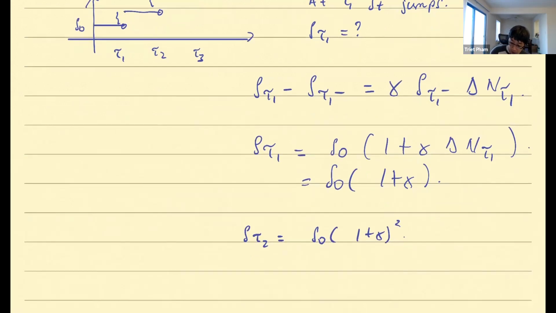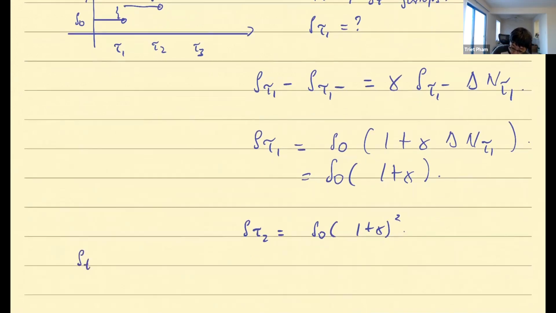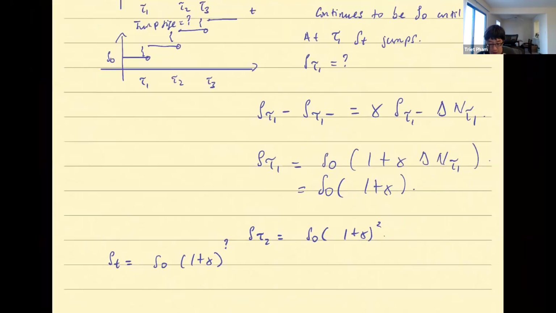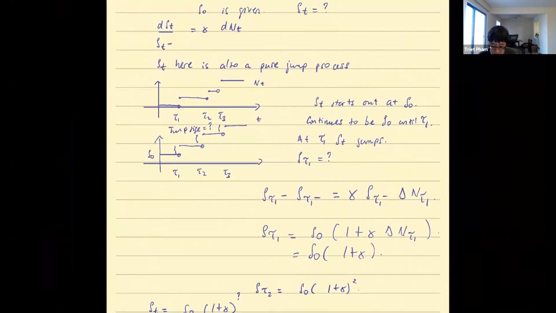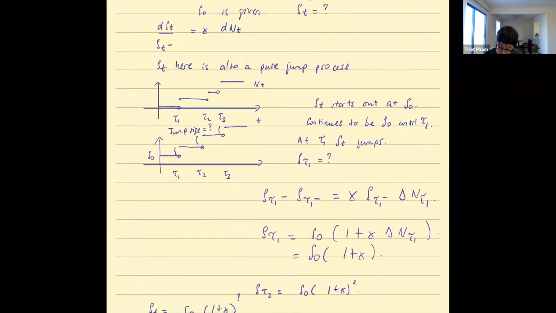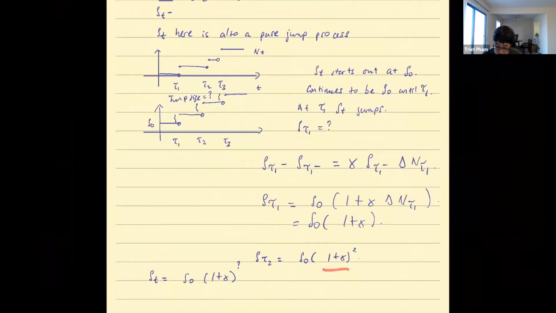So S_T in general is going to be S0 times 1 plus gamma raised to what? Tell me. If you can guess what the question mark here is, then you would understand completely everything we discussed so far. So in this pure jump model, from our analysis, we'll get this.